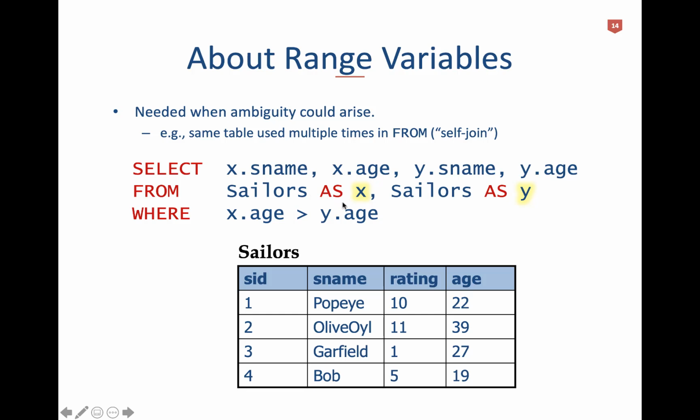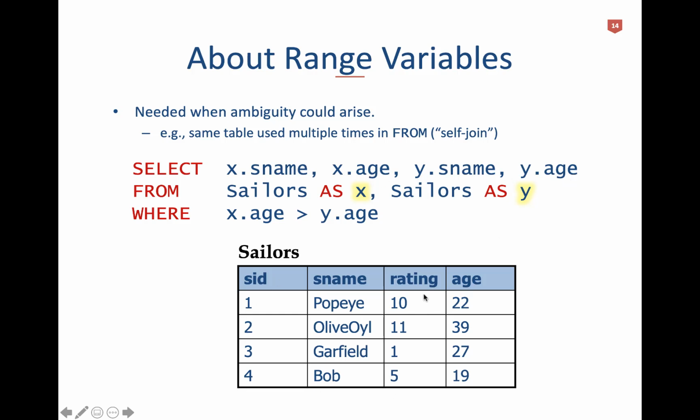We'll keep only the rows that satisfy the condition x.age is greater than y.age, and the projection will be on the name and age of the first table and the name and age of the second table.